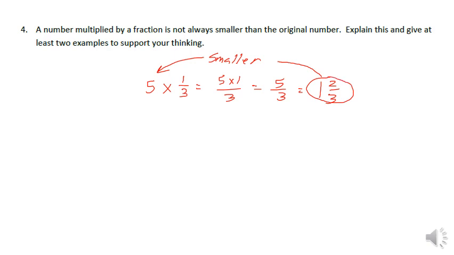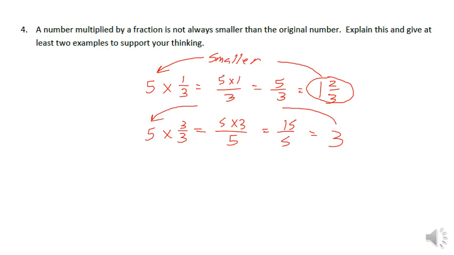Well, that's not exactly true, because what if I took 5 times 3/3? Well, 5 times 3/3, this is a fraction. So this is going to end up with 5 times 3 over 3, which equals 15/3, which equals 5. Now, if you notice, it may not be smaller, it is equal. And that right off the bat shows that this is wrong.